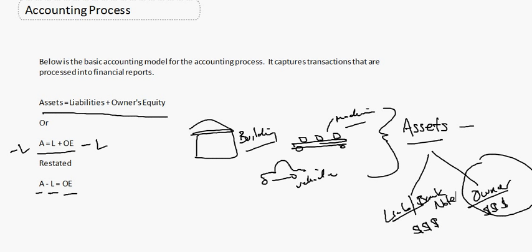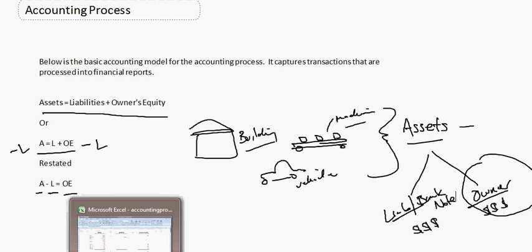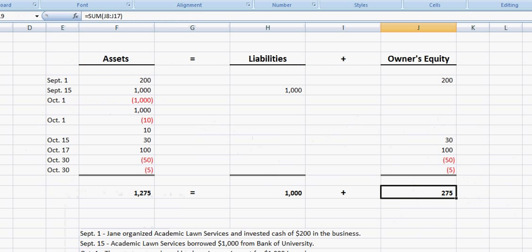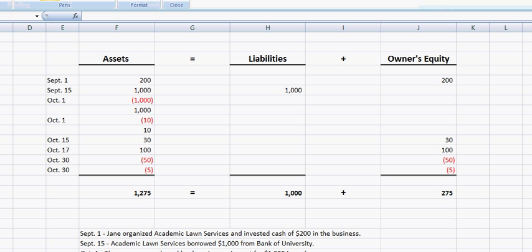Let's look at some transactions using this basic accounting model. Here we have an example of a college student named Jane who, on September 1st, organized and created a company called Academic Lawn Services and invested $200 of her own money into the business.